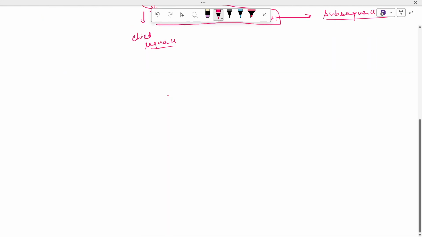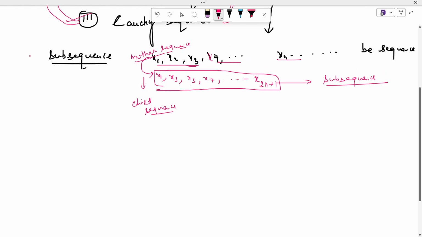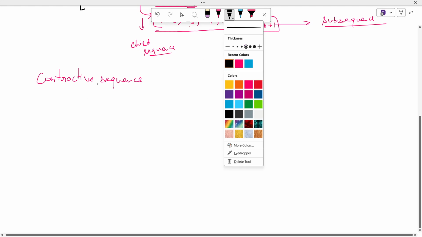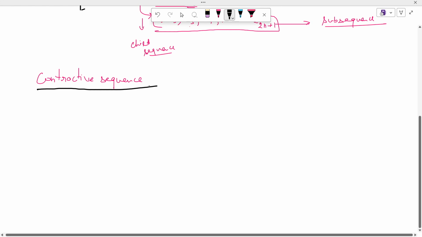So for the time being, let us see what a contractive sequence is. Suppose xn is a sequence of real numbers.